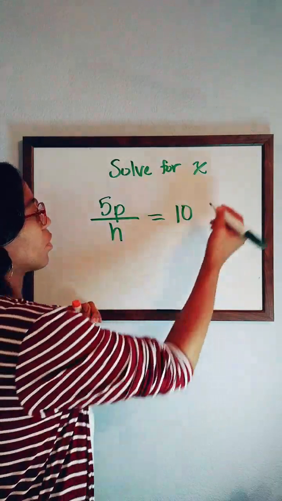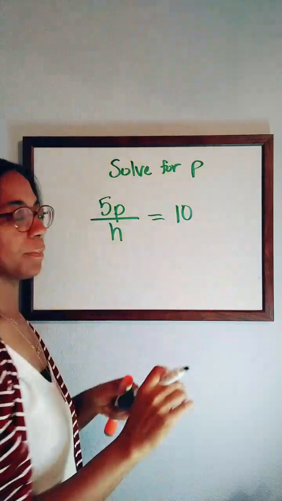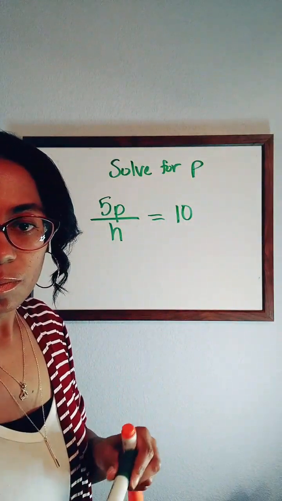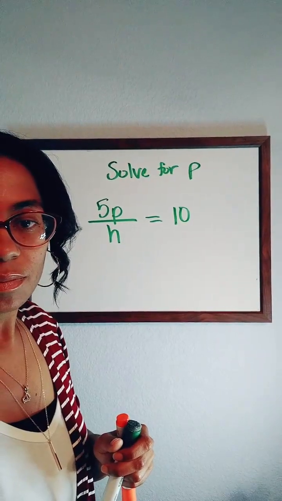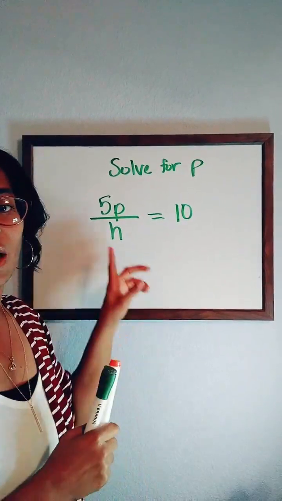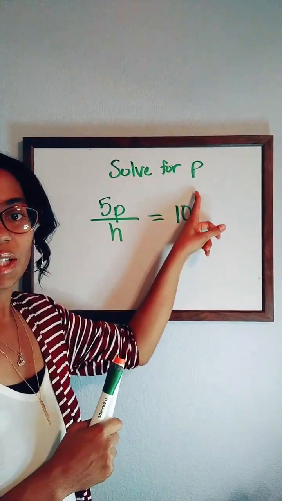And I want to solve for P. All right, so now we have 5P divided by H is equal to 10, and we want to get P by itself.